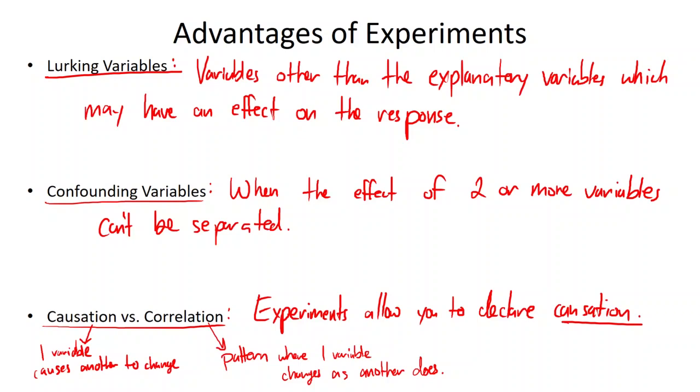So does that necessarily mean that ice cream sales are causing Lyme disease to go up, or that Lyme disease is causing ice cream sales to go up? It's not causal, but why is there a relationship between those two things?